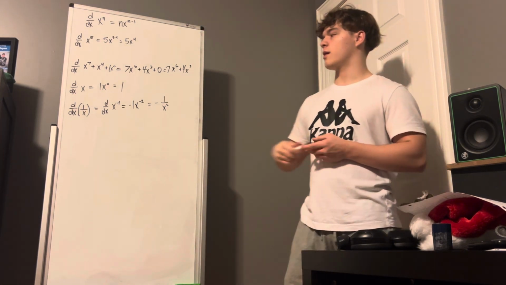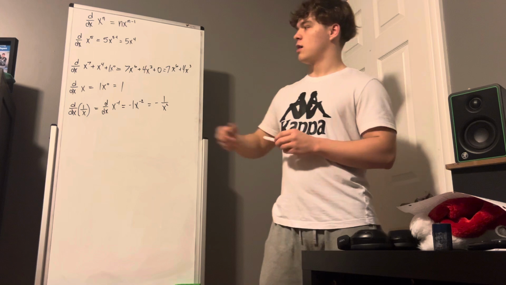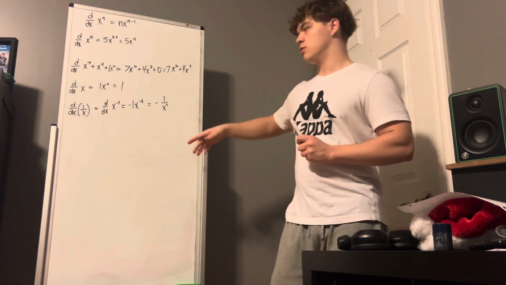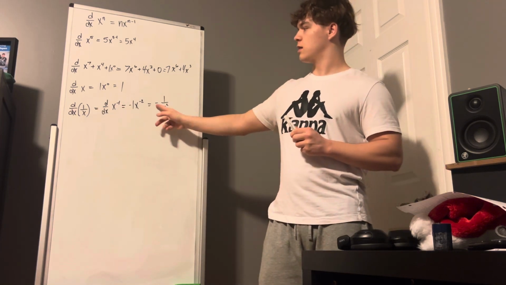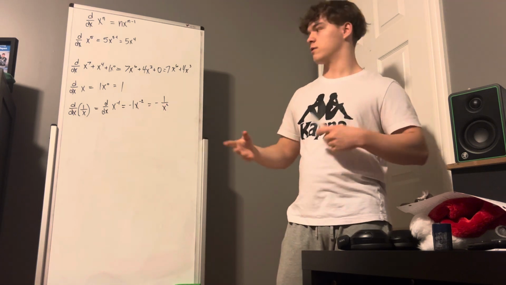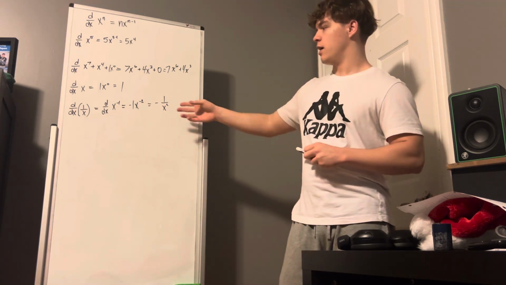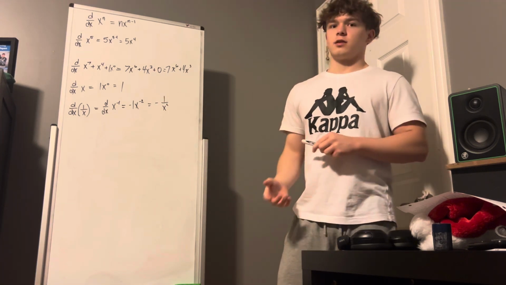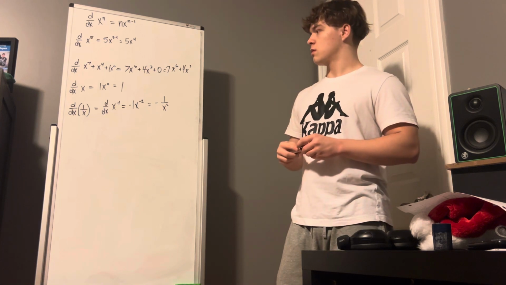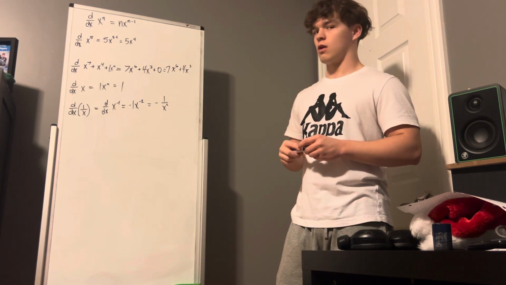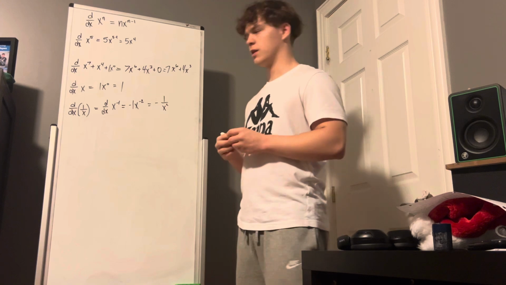So you could think about it that way, or you could think that if x is in the denominator, you just increase the power by one and it's alternating with the negative. So if I was to differentiate this again, I would get 1 over x cubed. Wrong. Shouldn't have said that.